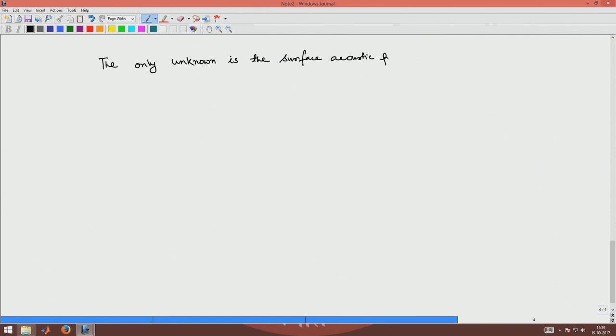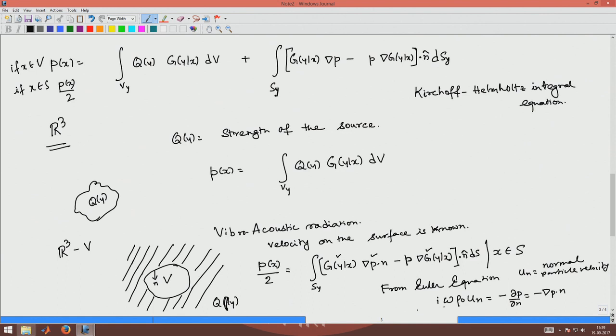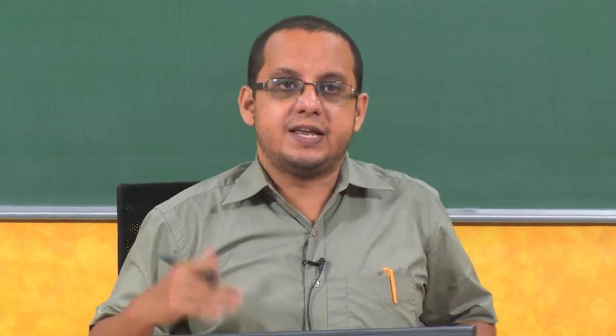So, at least you have a well posed problem in the sense that you have only one unknown to be determined. Obviously, you cannot expect that this problem can be solved with pen and paper, rather it has to be solved numerically, but you must understand that in this first step we are determining the surface acoustic pressure numerically.